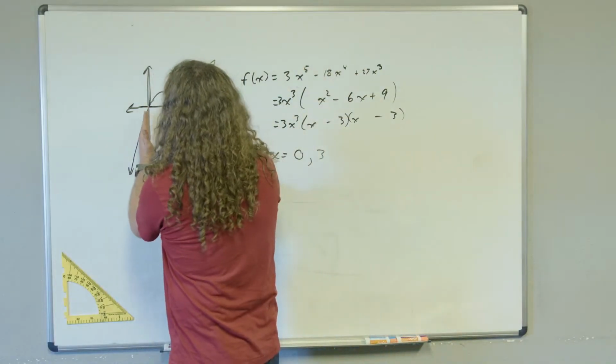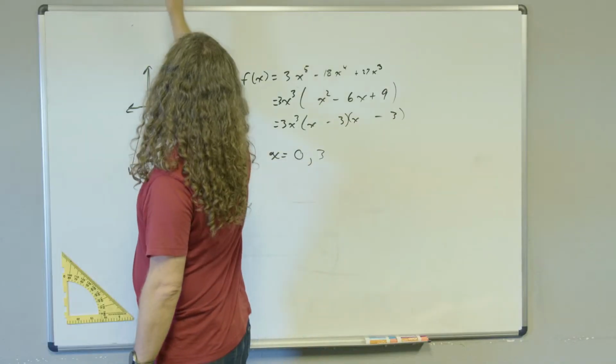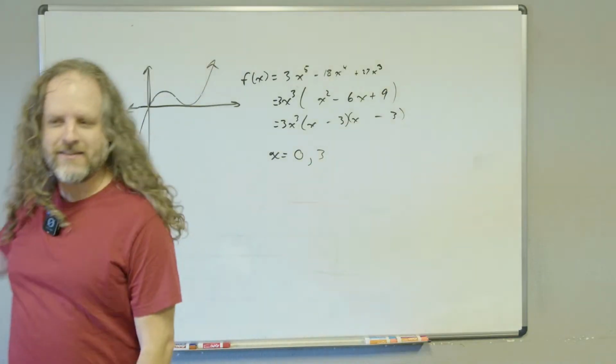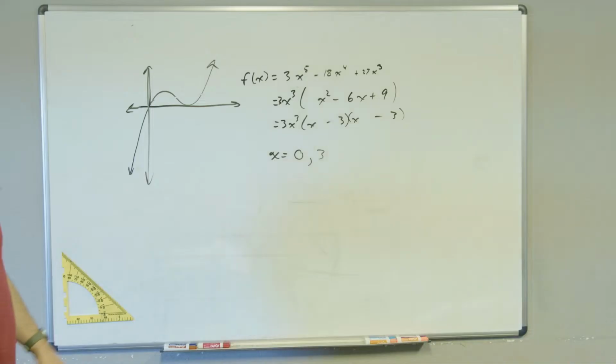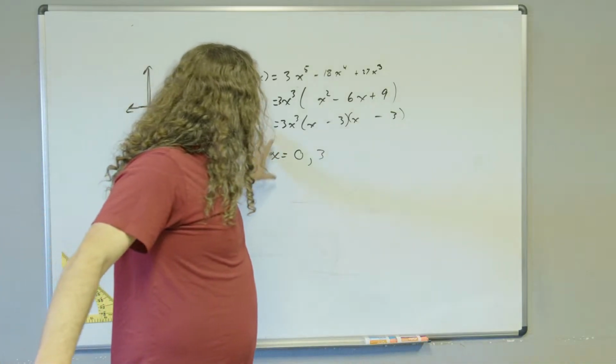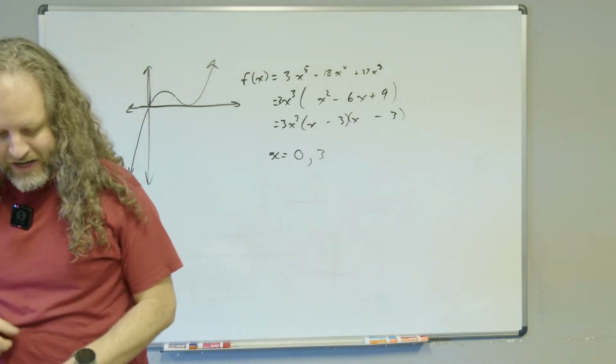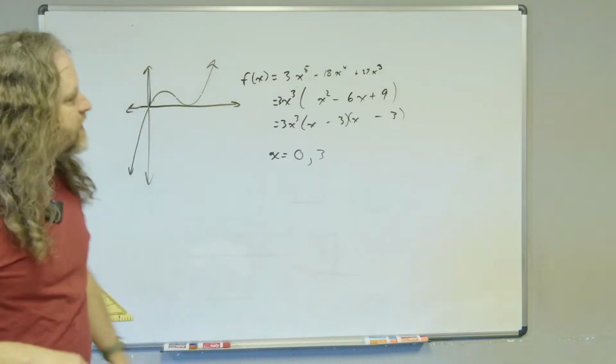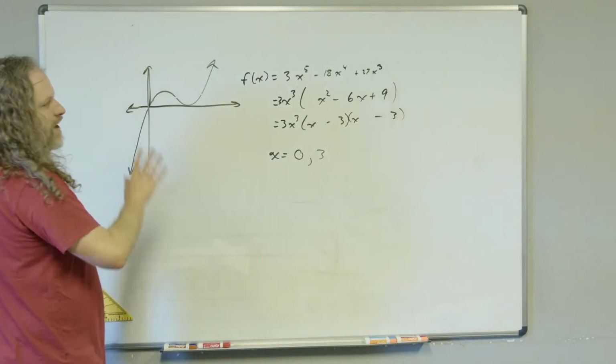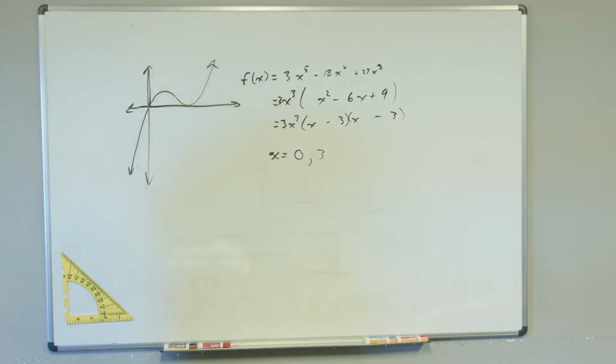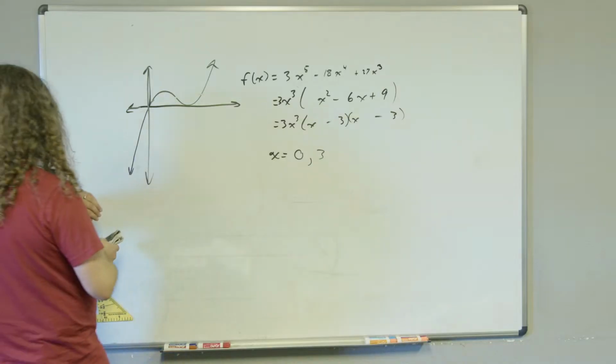Because this is a really small chunk. It actually goes up, then kisses that and goes back up there. But the real remembery is that when we have repeated zeros, it doesn't cross through there. It only kisses the axis there at that 0. So does it count as an intercept?